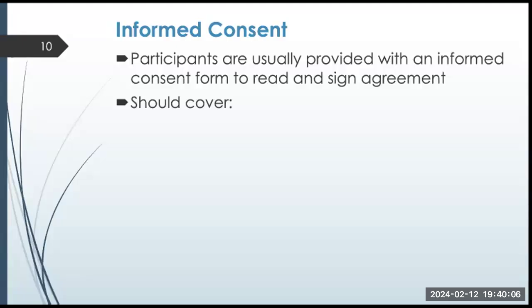They can, over the age of 7, it's called assent, ASSENT, but it is their legal guardians who have to sign the informed consent. But over the age of 7, we believe that children are old enough to understand what they're getting involved in, and so they have to agree to be part of the study as well. Under the age of 7, it's totally up to the legal guardians.